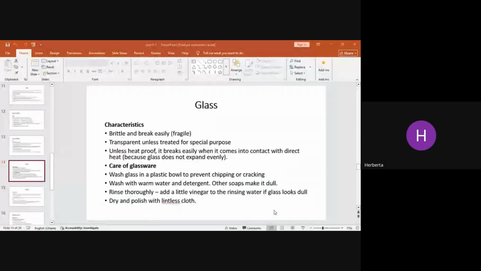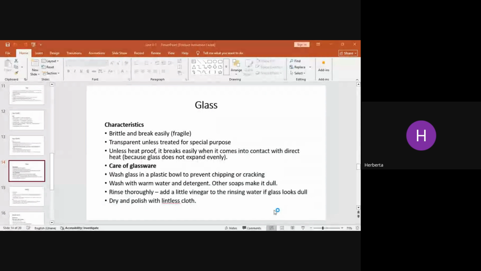Okay. So glass breaks easily. When you are washing, as you said, you wash it separately from other utensils. You can use warm water and any detergent like Omo or liquid soap.